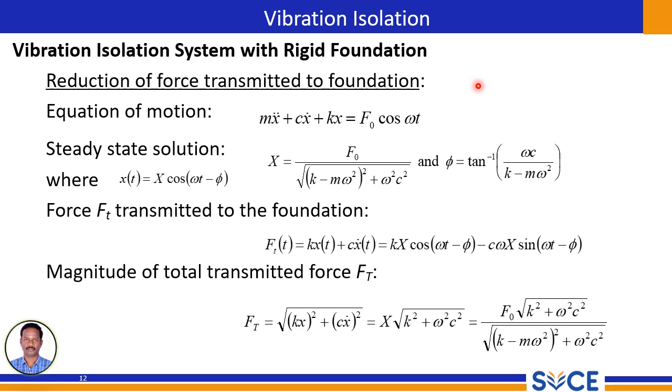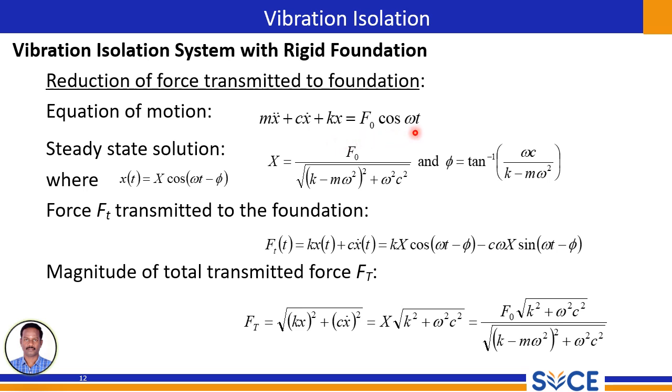Our primary goal is to find the transmitted force, and that is to be minimized in such a way that isolation should be perfect. The equation of motion is given by m x double dot plus c x dot plus k x equals F naught cos omega t.